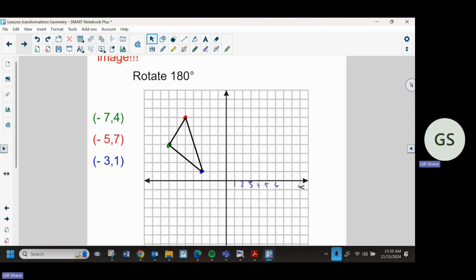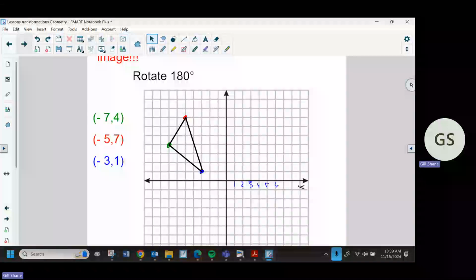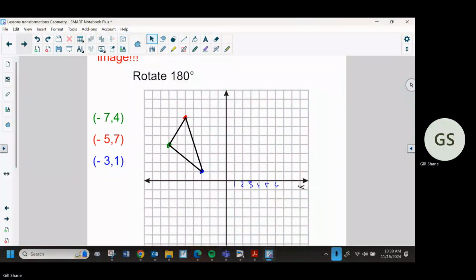Just the normal graph. The positive x's, positive y's. Try to do. Oh, the original was negative. This is negative.